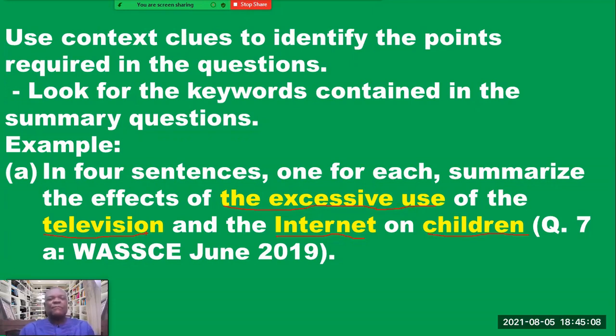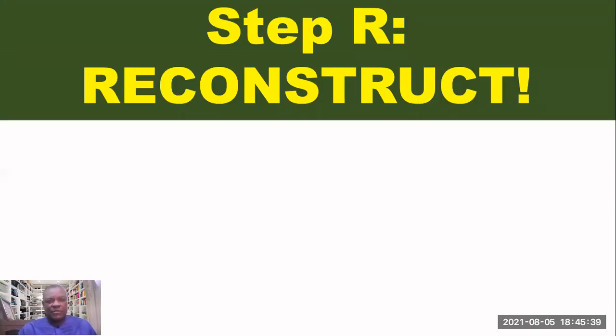You use the keywords as what will enable you to filter out the unnecessary material and to get at the relevant information. So the keywords are the very context clues you need when you begin to extract the idea that you are going to use in your summary writing.